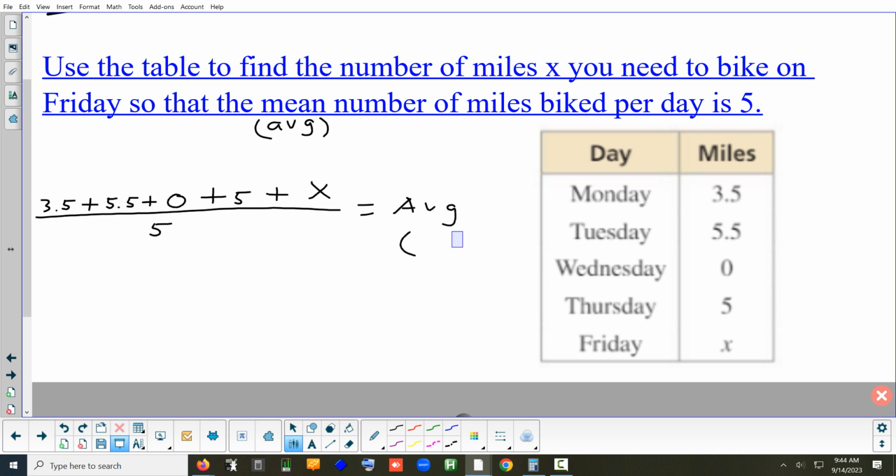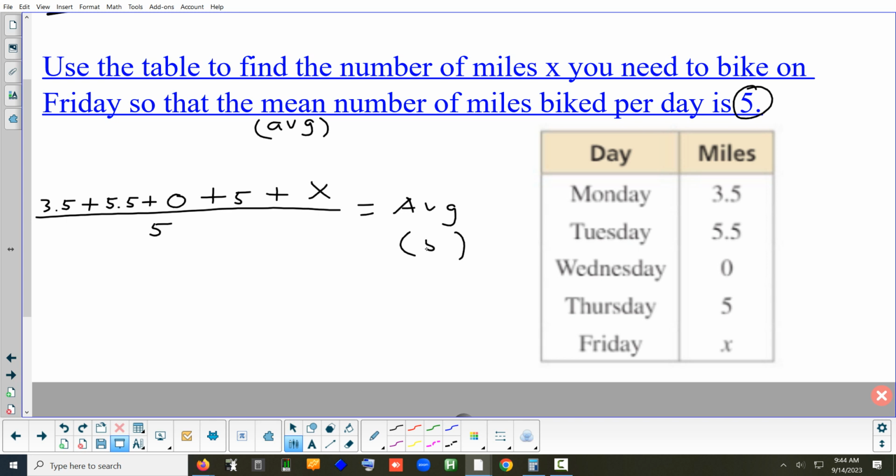Now, in the problem, they tell you what they want the average to be. What do they tell you they want the average to come out to? Right here, they want you to bike enough miles on Friday so the average comes out to 5.